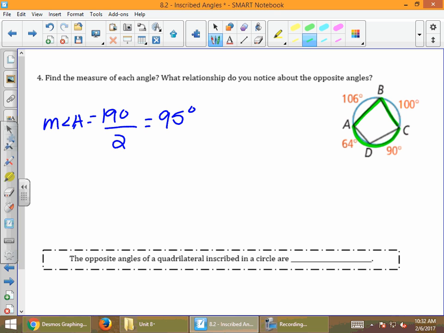Add them together. 64 plus 90 is 154. So again, when the angle's on the edge, what do we divide the arc by? What's 154 divided by 2?